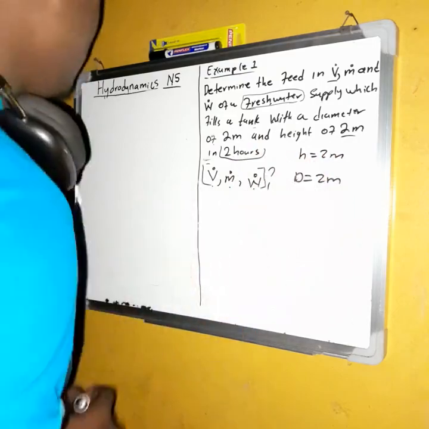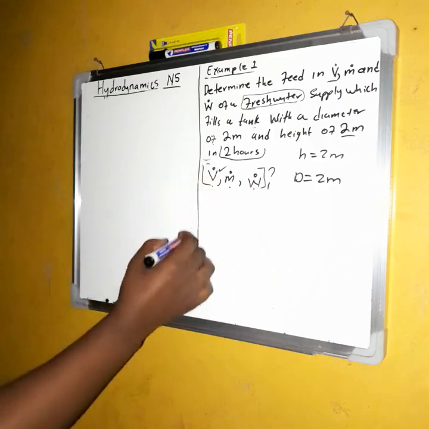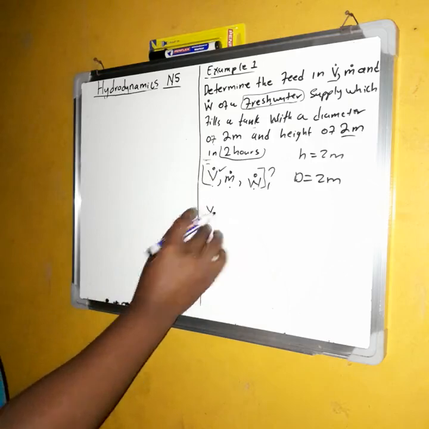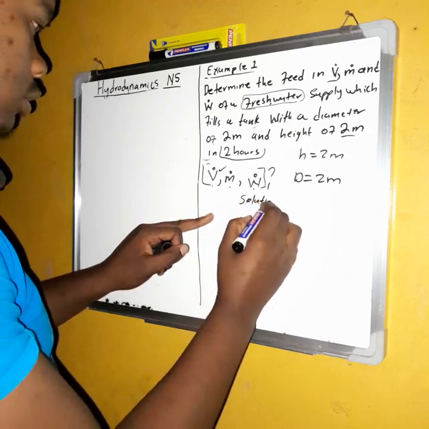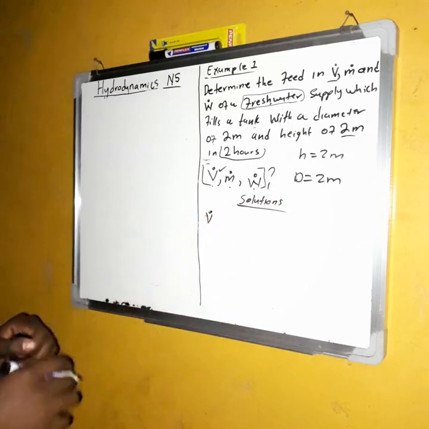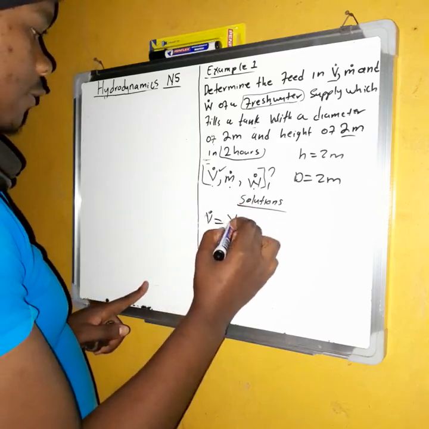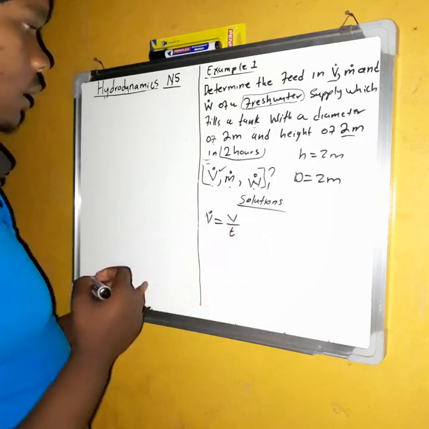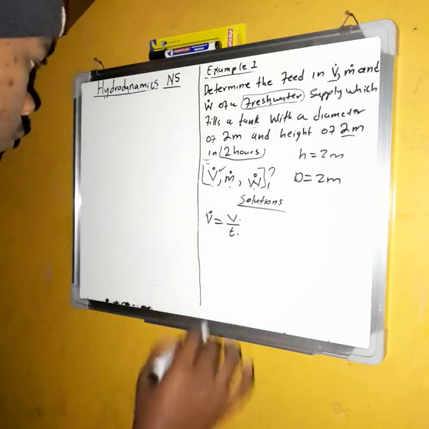So let us calculate the volume. Let us start with this one. Solution: the volume flow will be volume divided by time. We don't know the volume, but we're given the time, so we can calculate the volume.